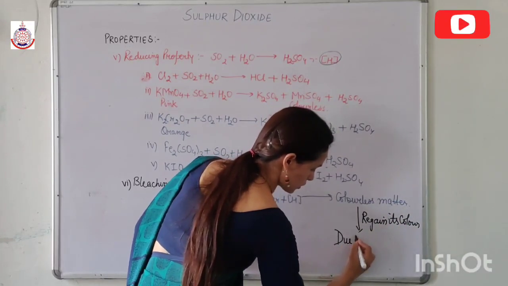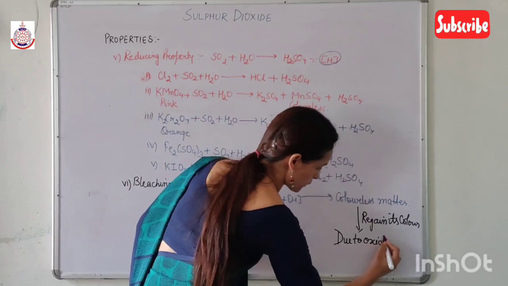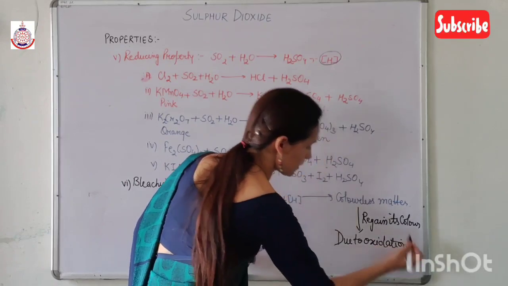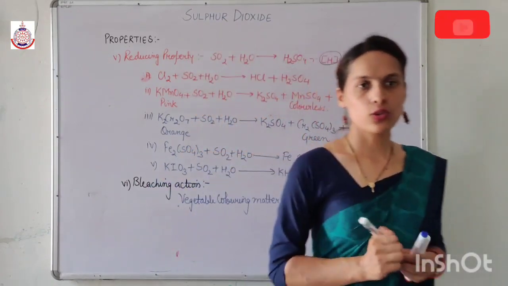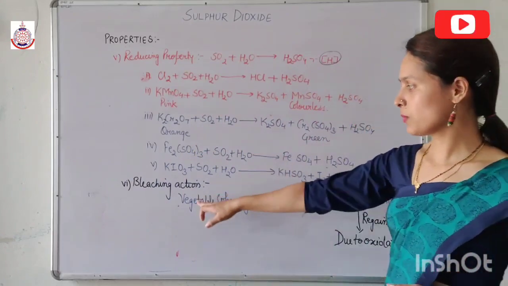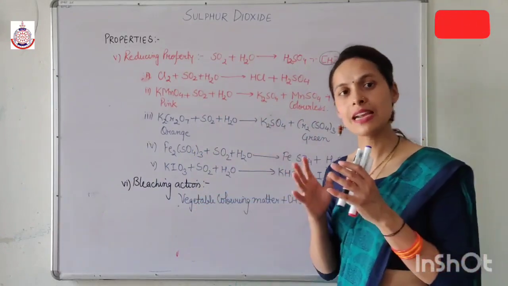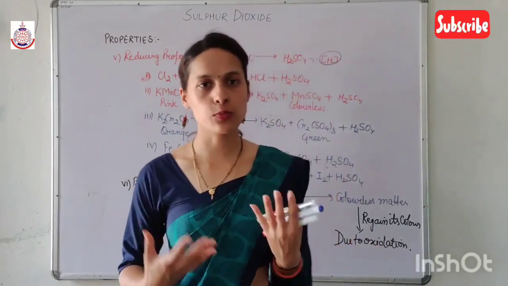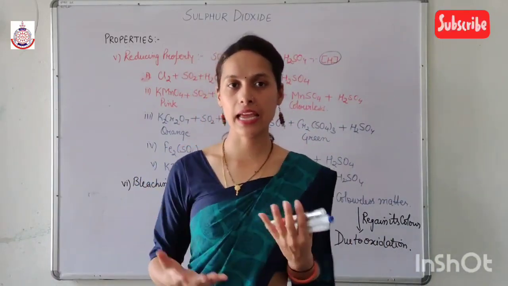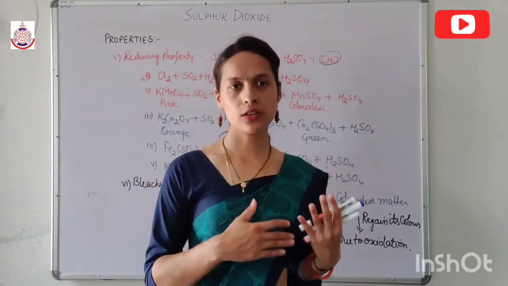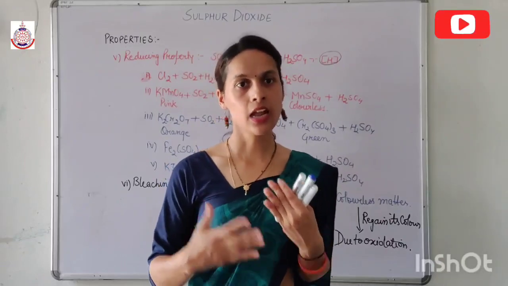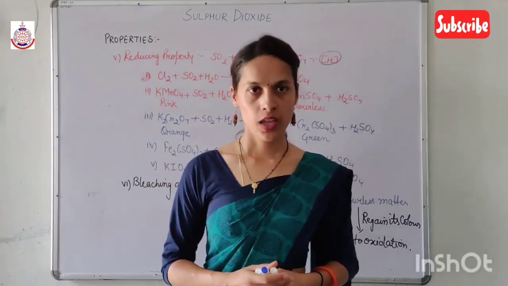So the bleaching property of sulfur dioxide is temporary, and when we expose that particular matter to air, the color is regained due to oxidation.